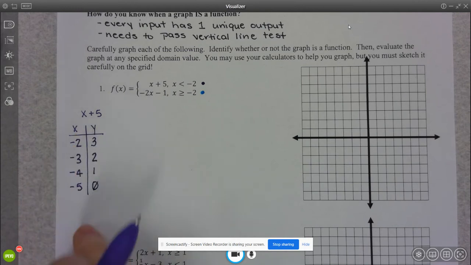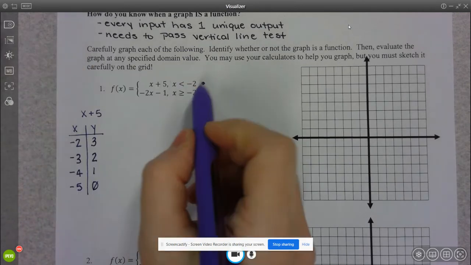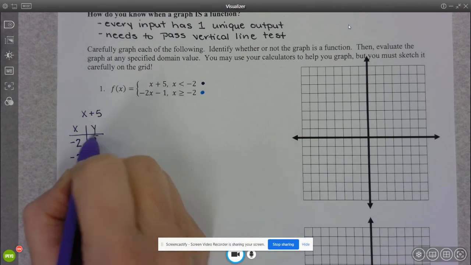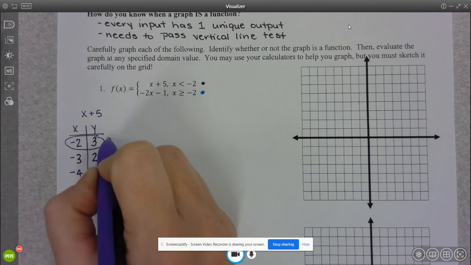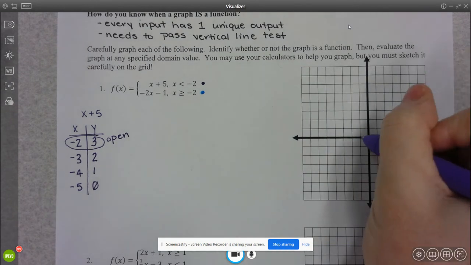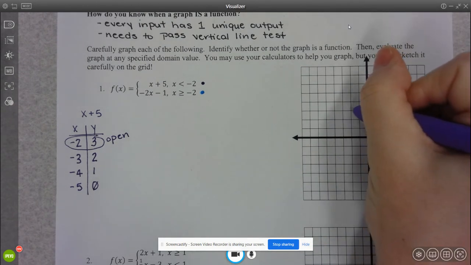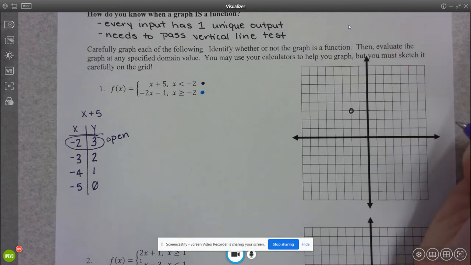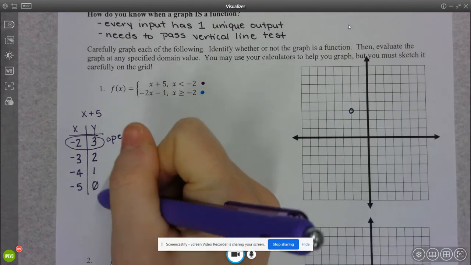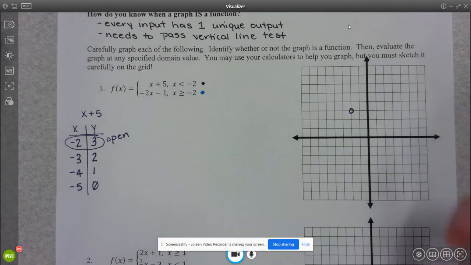Now I can graph these points. But because this does not have an equal to, this point right here is an open circle. So I'm going to go to -2, 3, and put an open circle. And then these are just regular points because they exist on this line.